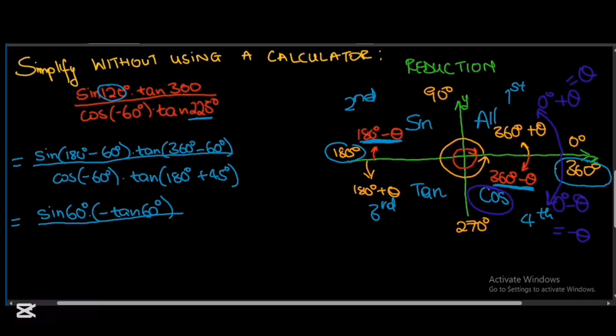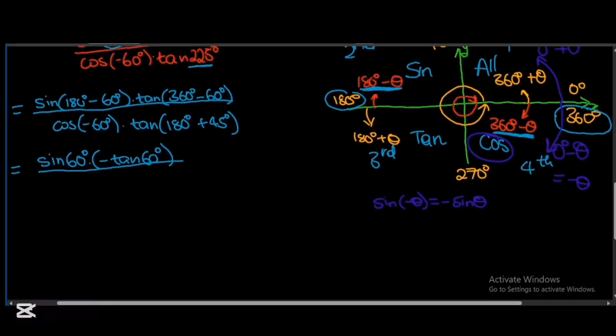Now, just know that this simplifies things. Sine of negative theta will be negative sine of theta, tan of negative theta will be negative tan of theta, and cos of negative theta will be positive.